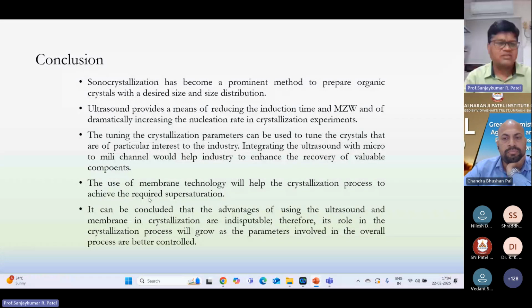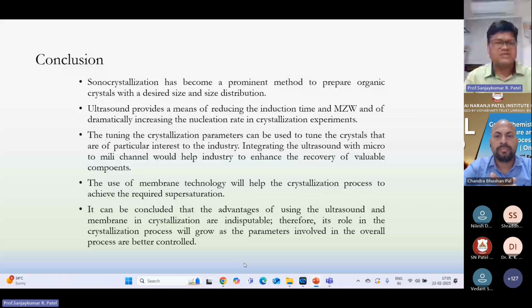And finally, it can be concluded that the advantages of using ultrasound and membrane in crystallization are indisputable, and therefore their role in the crystallization process will grow as the parameters involved in the overall process are better controlled.